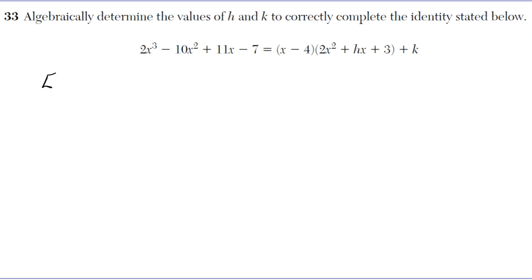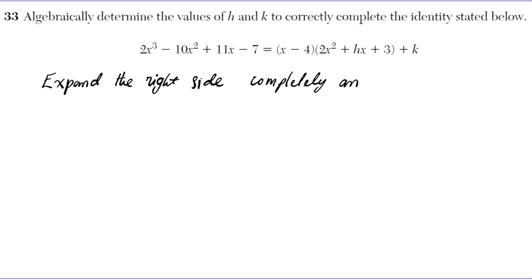So if we expand the right side of the equation completely, and compare, just by direct comparison, we will be able to easily tell what the h and k values are.